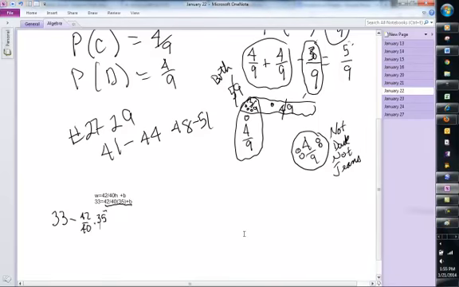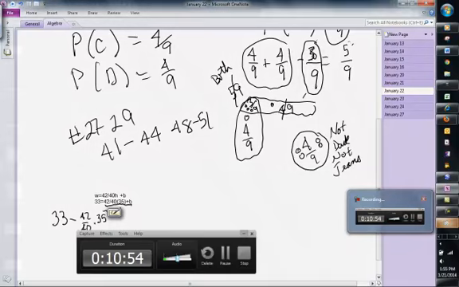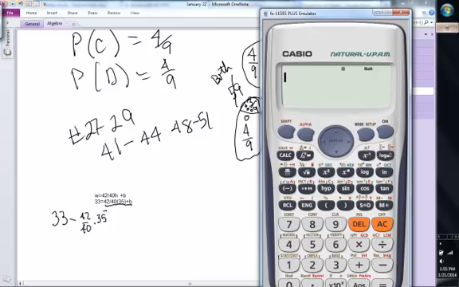On our calculator, 33 minus fraction 42 over 40 times 35. And our intercept will be negative 15/4.